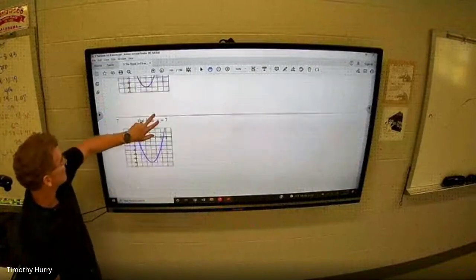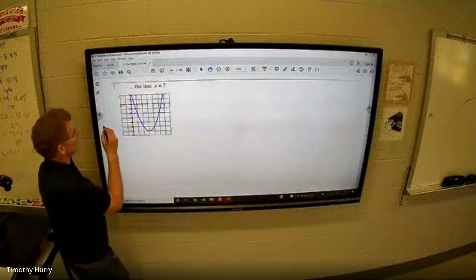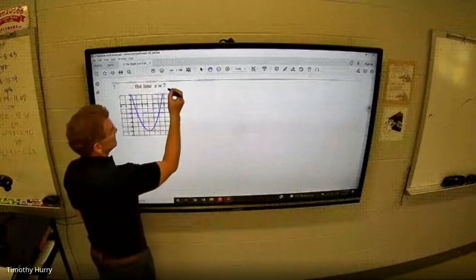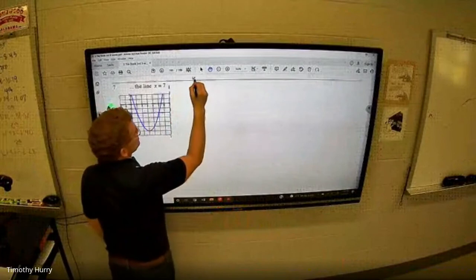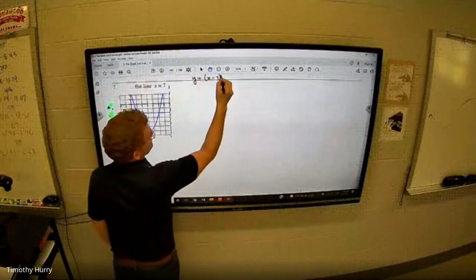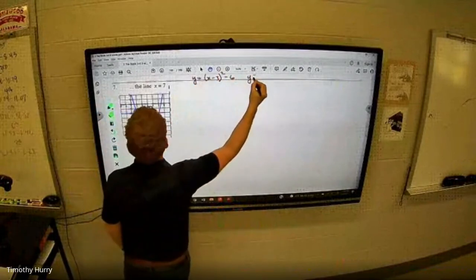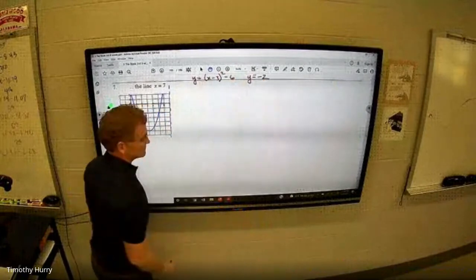All right, what about this? We're rotating about that axis. And again, your equations were x minus 3 squared minus 6 and -2.